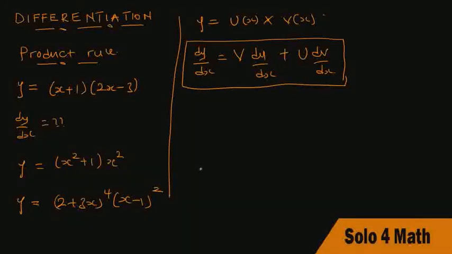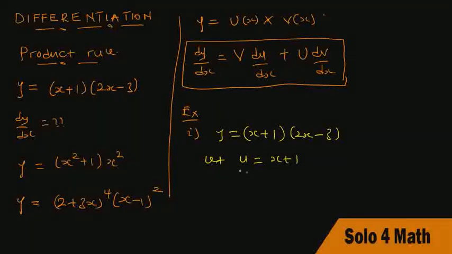Let's look at examples. Example number 1, we're going to look at these very examples here. If you had y equals (x plus 1) into (2x minus 3), it is a product. I can let my u be equal to x plus 1.